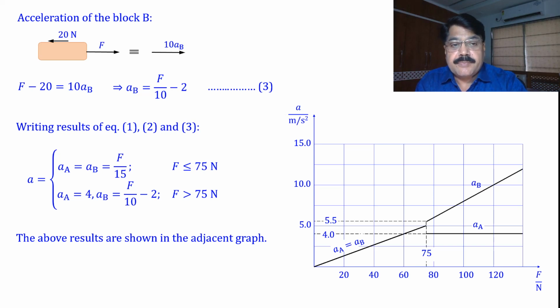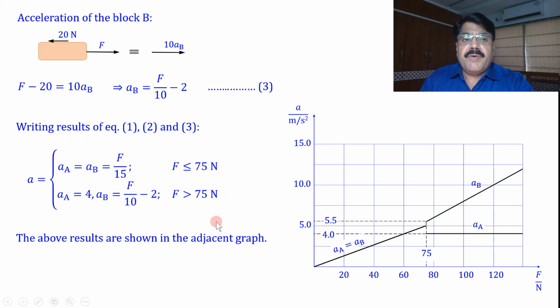Suppose it is asked the acceleration of the blocks at F equal to 25 Newton. Even then you have to first decide when sliding will initiate. So we have calculated here that sliding initiates at 75. So if it were asked to calculate accelerations of the blocks at F equal to 25, it means both the blocks are moving as a single unit. So acceleration will be given here by 25 by 50.